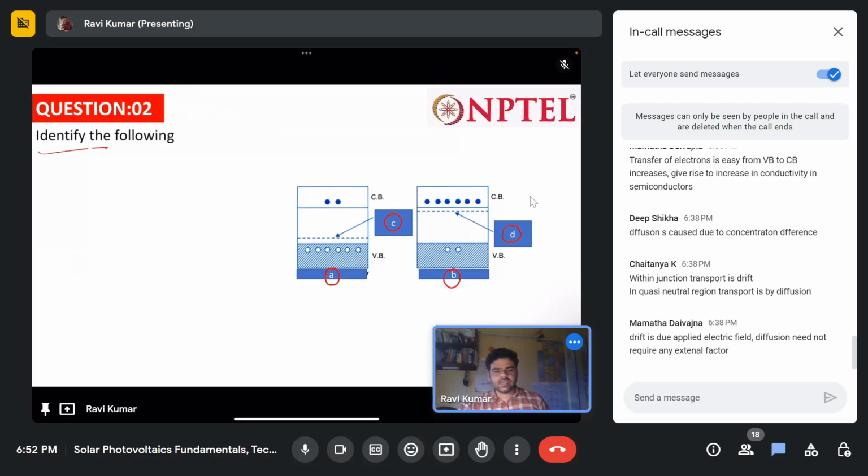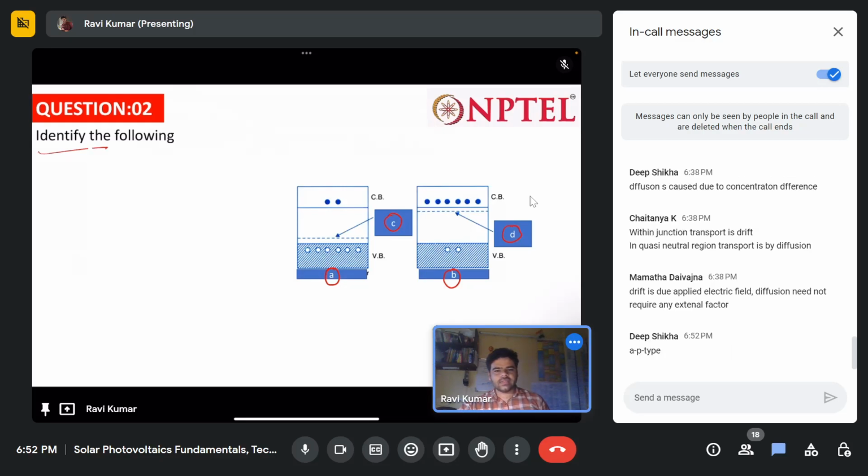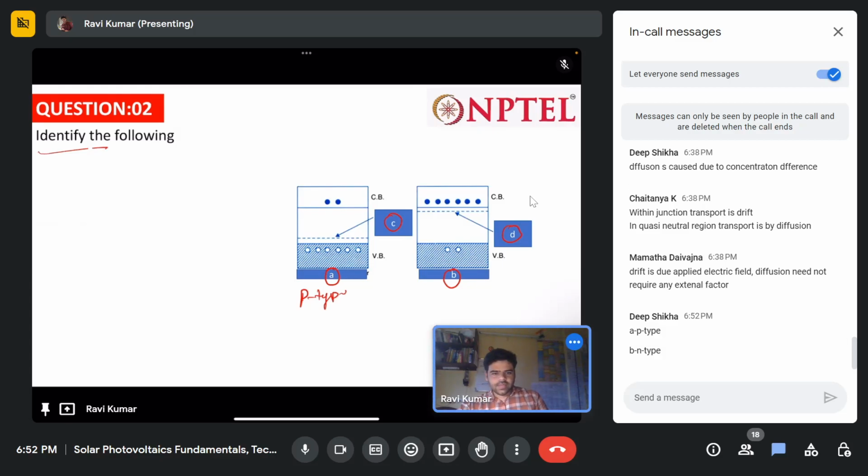Just tell me, what is this A? A is P type, okay. P type from Deepsika. B is N type from Deepsika only. What about C and D?